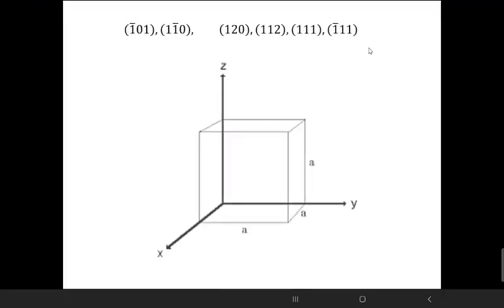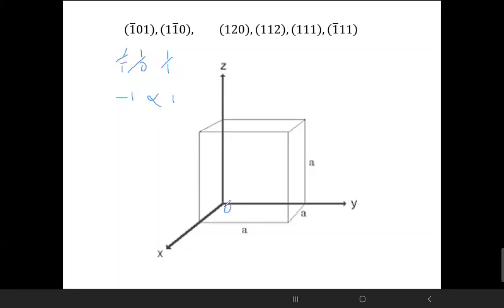If you have bar 101, you need to find the reciprocal of this: 1 over bar 1, 1 over 0, 1 over 1. So bar 1, infinity, 1. So x is minus 1, y is infinity, z is 1. If you find this minus 1, you have to change the origin.